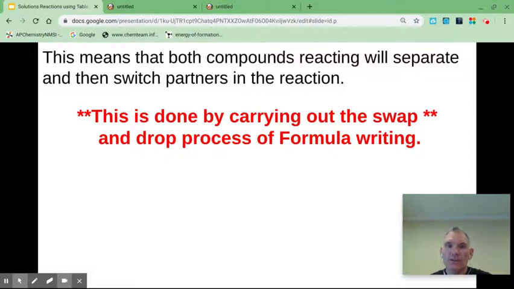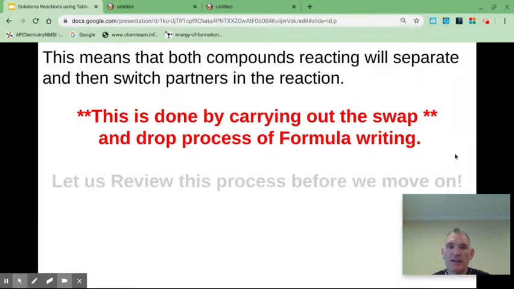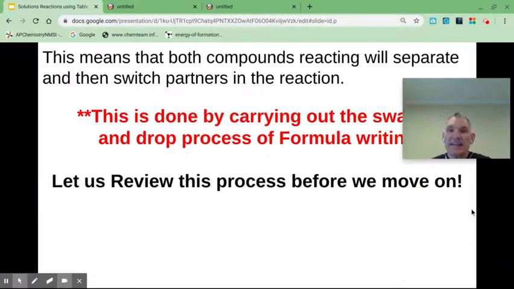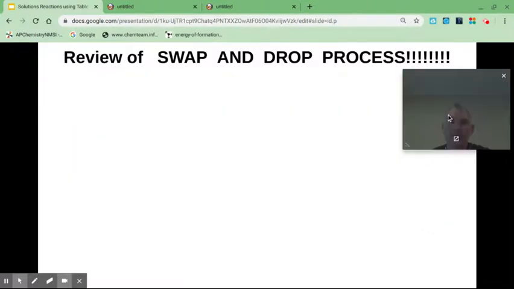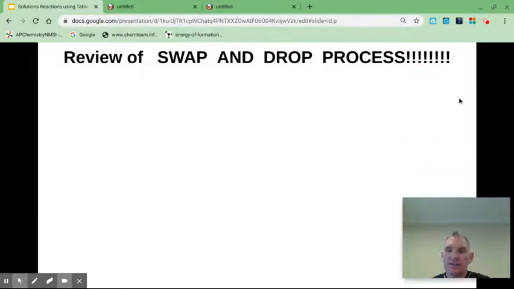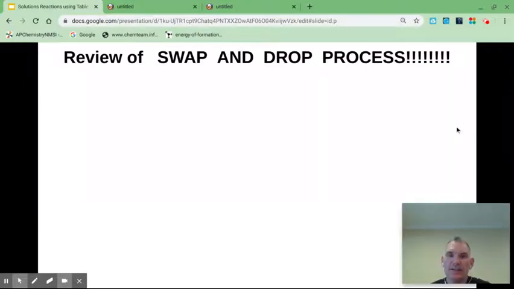We're going to review the swap and drop process for formula writing. Remember, we need our reference table and we need table F for this. So make sure you have these things out before we move on.